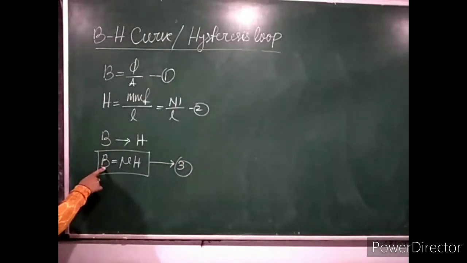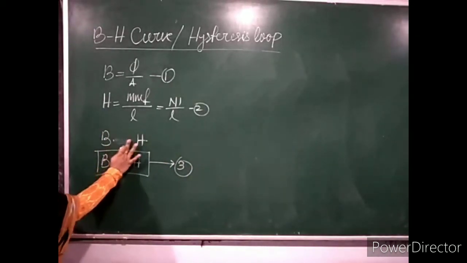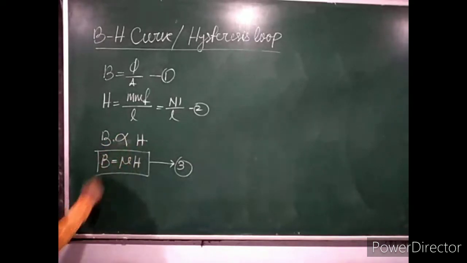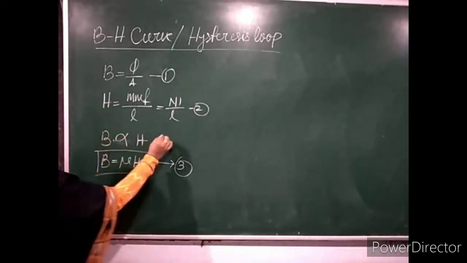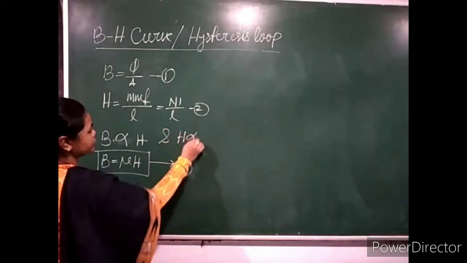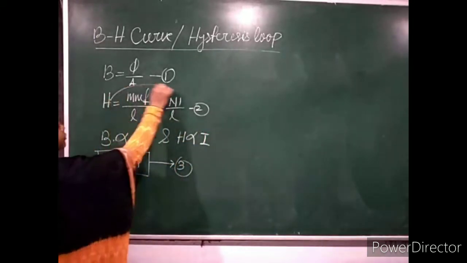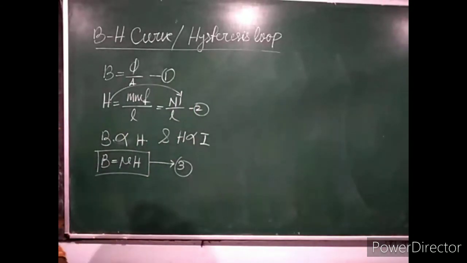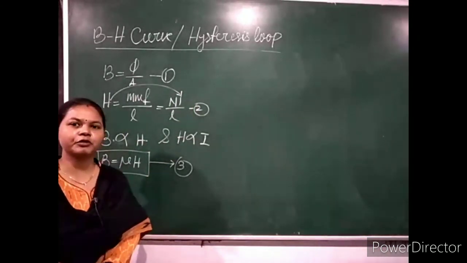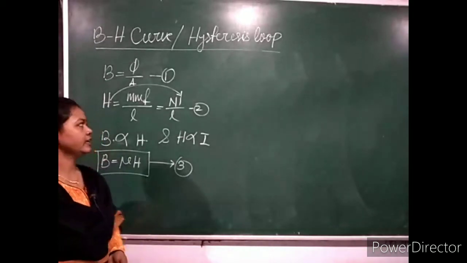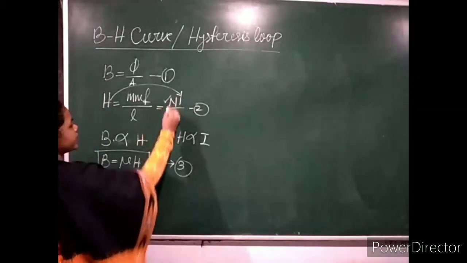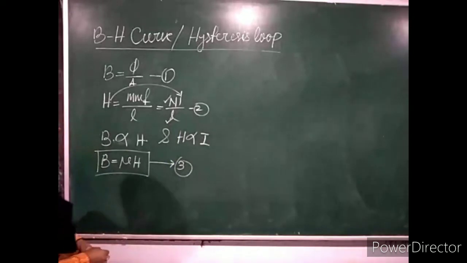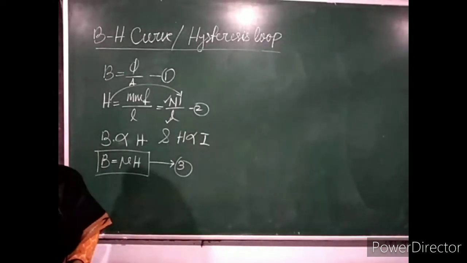So it is very clear that flux density is directly proportional to H, and H is proportional to I. From equation number 2, flux intensity is proportional to the current, because the number of turns and the length of the magnetic material are constant.